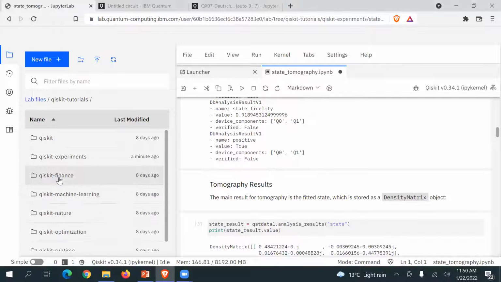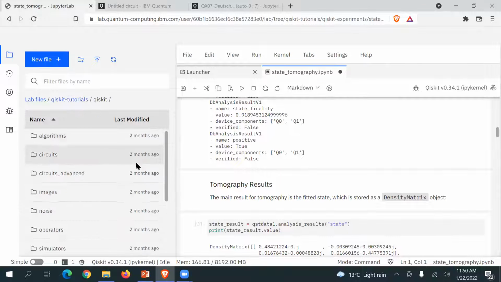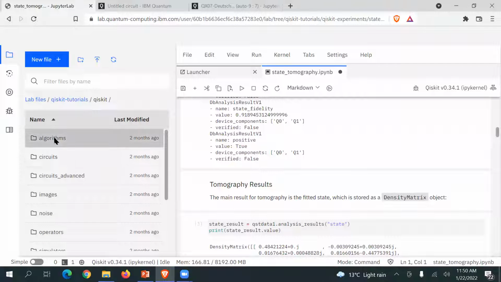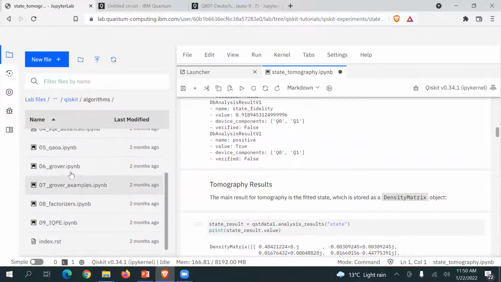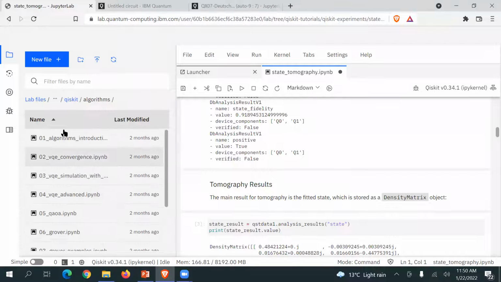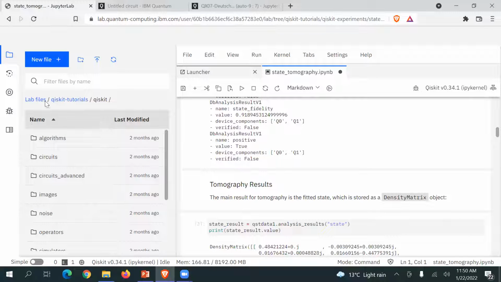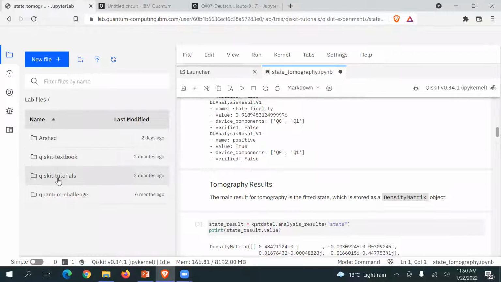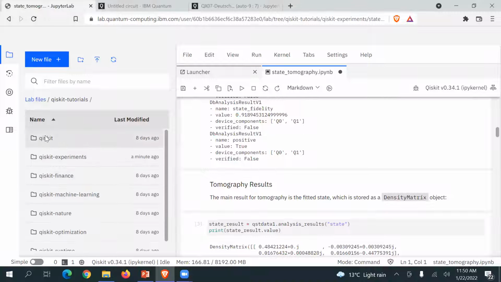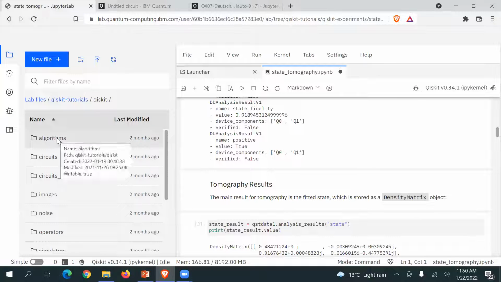See here, there is lots of information already available. In Qiskit we have algorithms. We have Grover's algorithm. Once you get into your account, go to Qiskit tutorials, then Qiskit, and then you have algorithms.